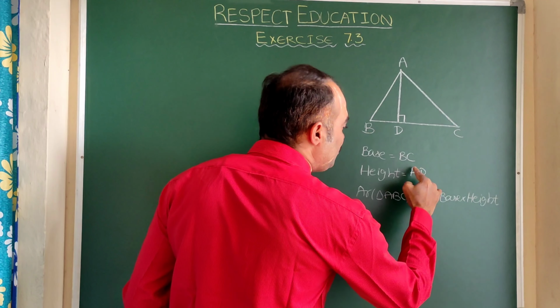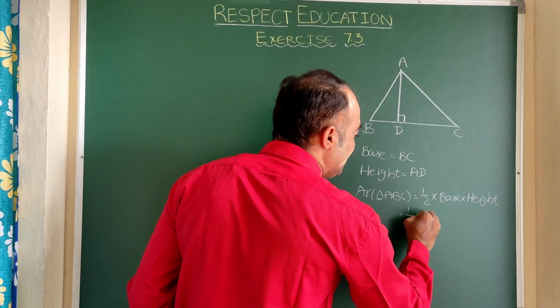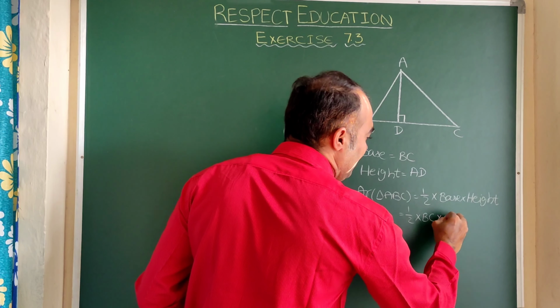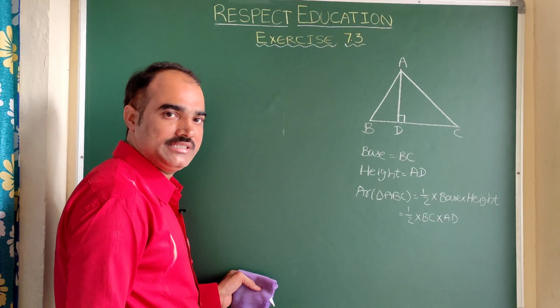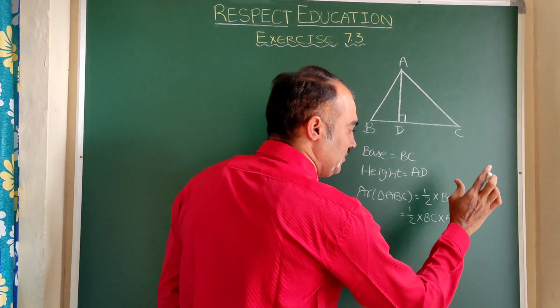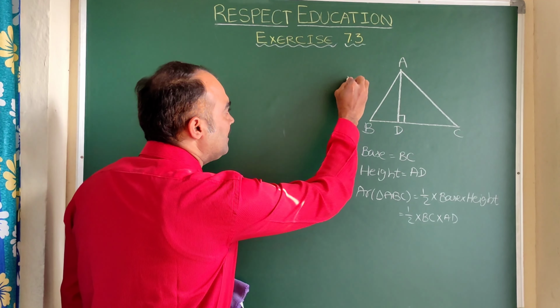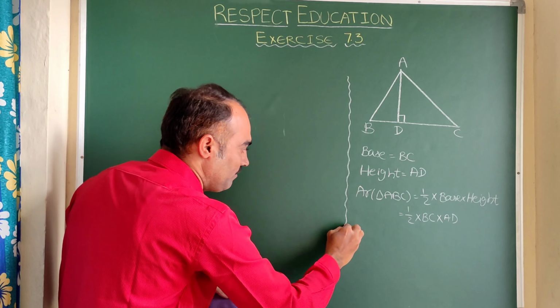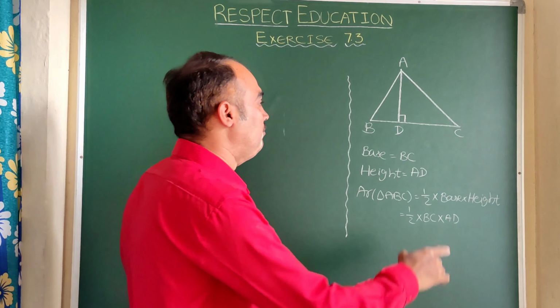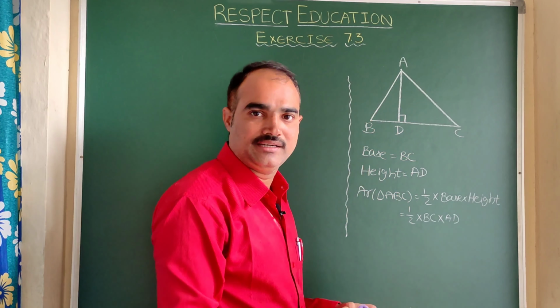That means by substituting the values BC and AD, we are able to find the area of triangle ABC. That can be written in square units. Up to there is no problem at all if we know the base as well as height.